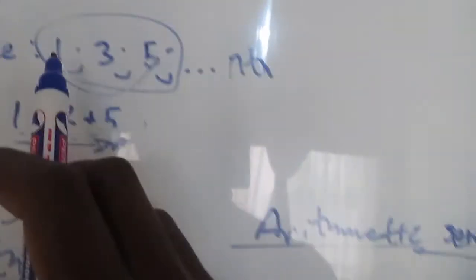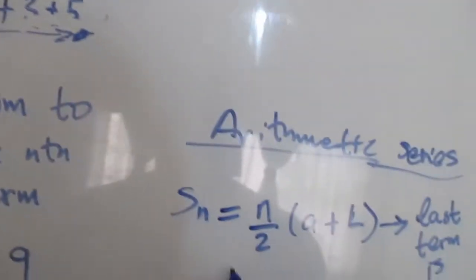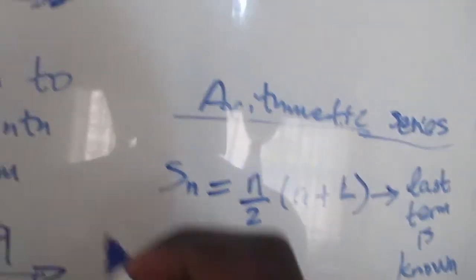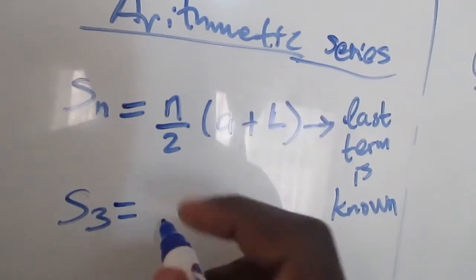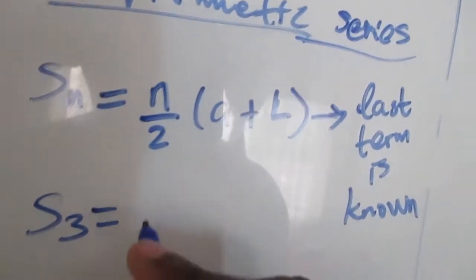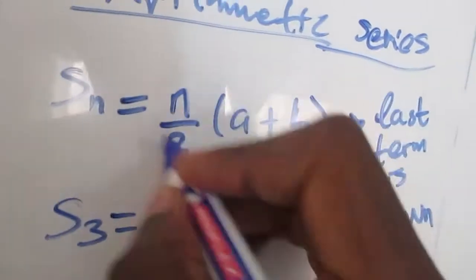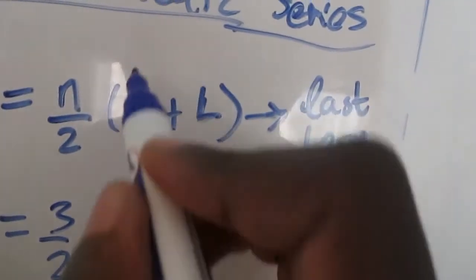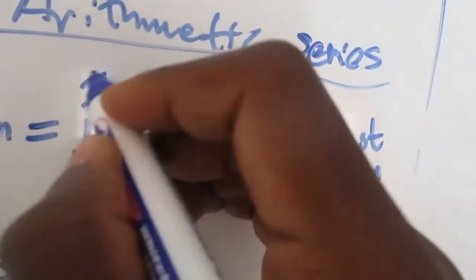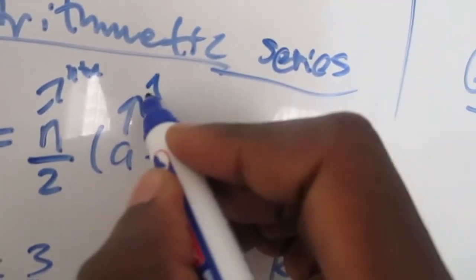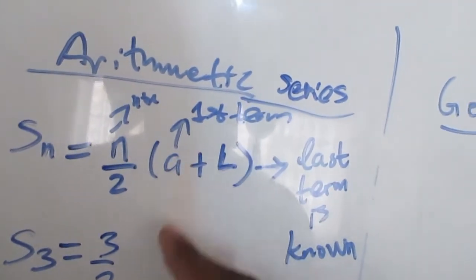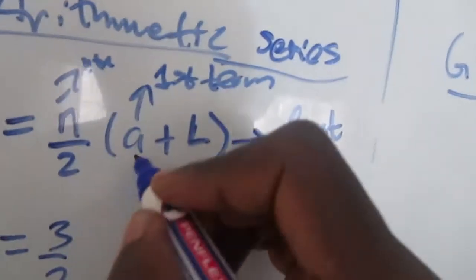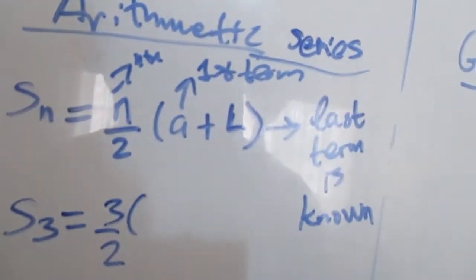So you have 1 plus 3 plus 5, and you're asked to find the sum to the third term of this series. So n is equal to 3 because you're asked to find the sum to the third term. 3 will be substituted where you see n, and a still stays. n is the number of terms, and a is the first term of the series, which is 1 in this case.